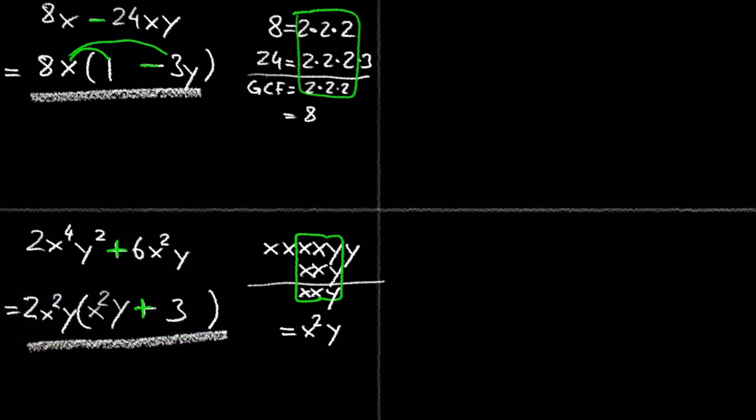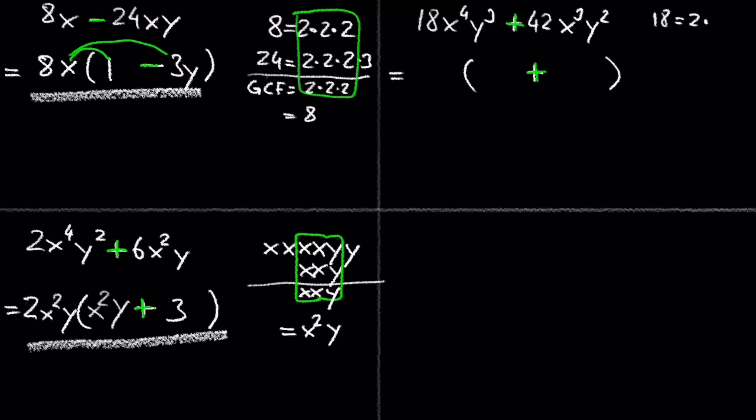What about this polynomial? 18x to the fourth y cubed plus 42x cubed y squared. Let's first find the GCF of 18 and 42. 18 is 2 times 9, and 9 is 3 times 3. 42 is 2 times 21, and 21 is 3 times 7.